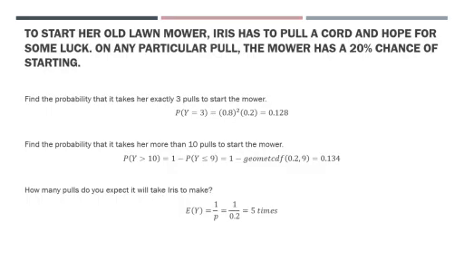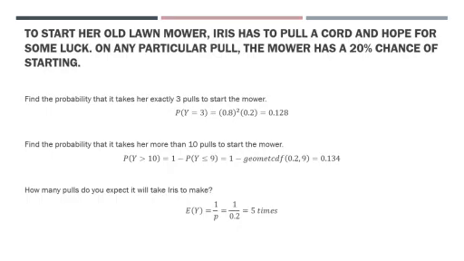So we would go 1 minus the probability of it being less than or equal to 9. 1 minus geometCDF of 0.2 comma 9 is equal to about 13%, or 0.134.